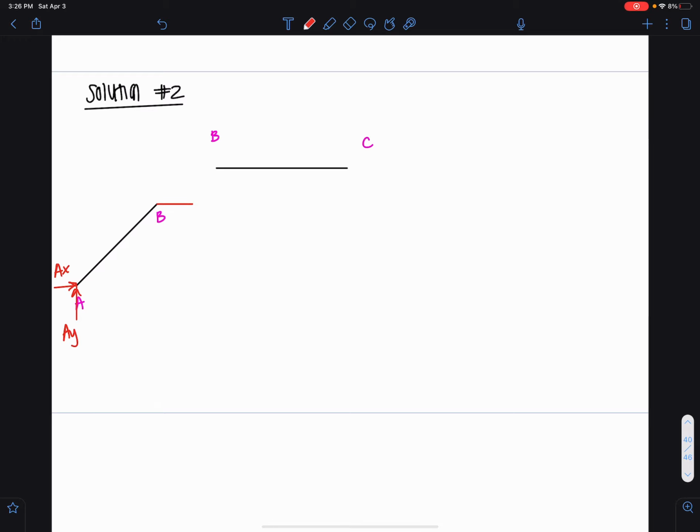At B, I have another pin, Bx, By. And then I have equal and opposite forces, where I still have a By here. I have the Bx here. Okay. I have the 2000 Newton force. And I have Cx and Cy.